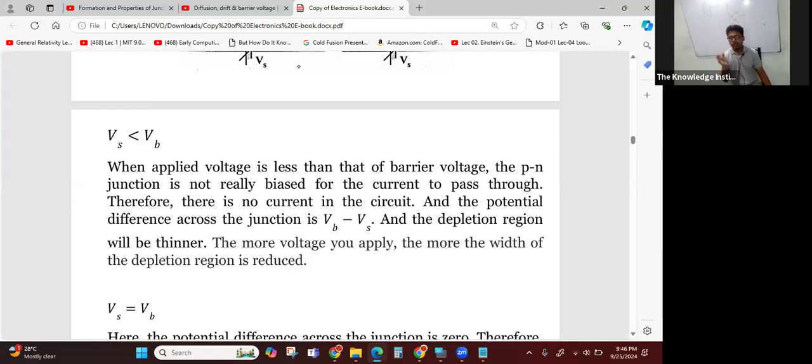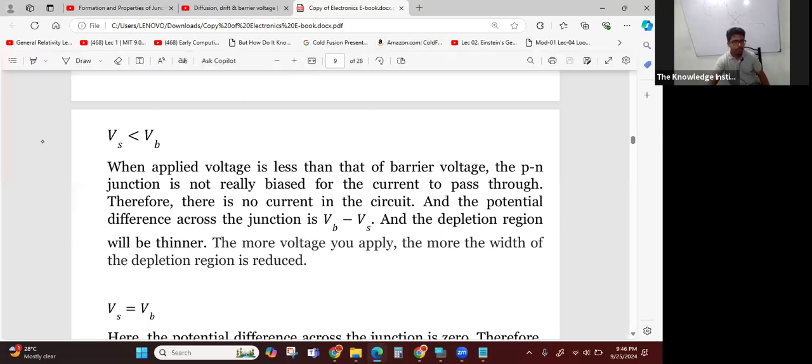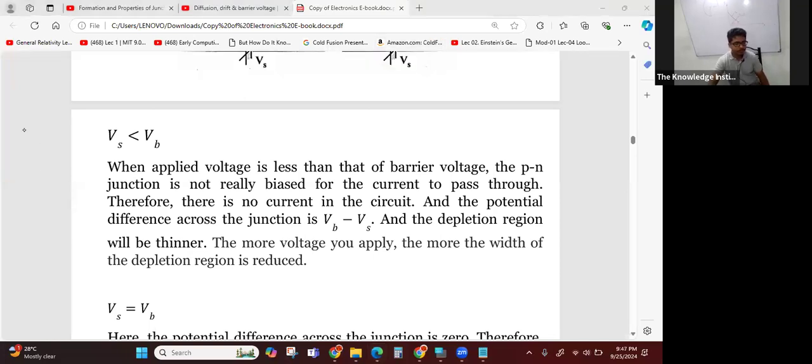Now, for example, for silicon the barrier voltage is 0.7. I have applied a voltage of, let's say, 0.3. So 0.7 minus 0.3 is 0.4. So there will be a potential difference of 0.4. And we know V equals E over D, right?